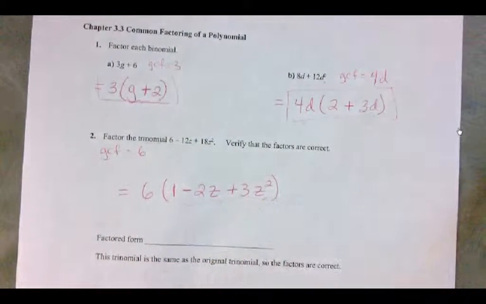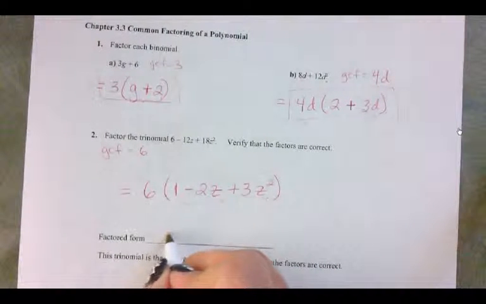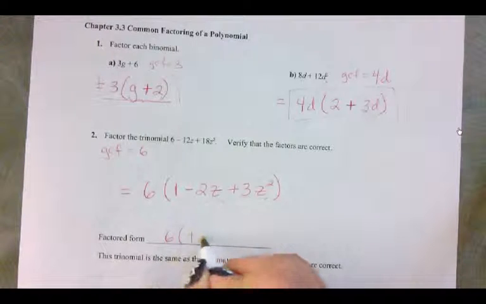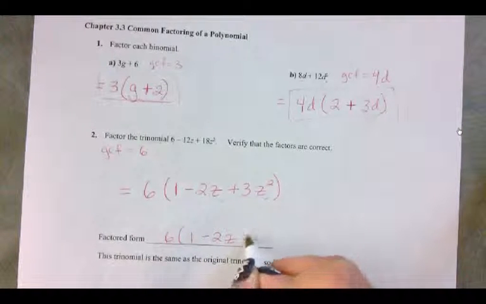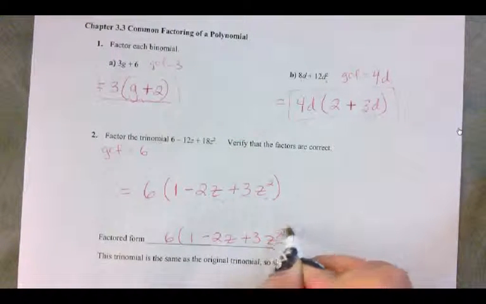Is there anything else left in common? No? 1 is the only thing that's in common, right? And we're not going to factor that out because that's just being silly. Okay? All right. So now our factored form is 6 and then 1 minus 2Z plus 3Z squared.